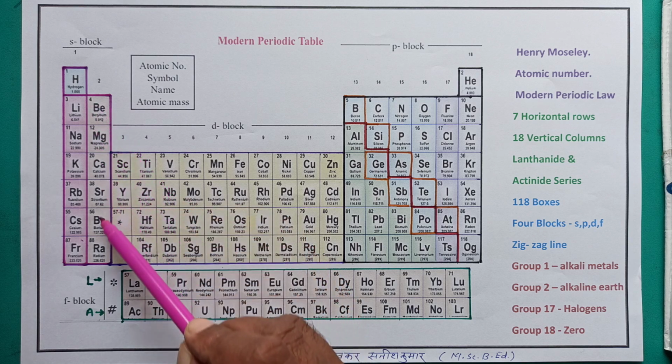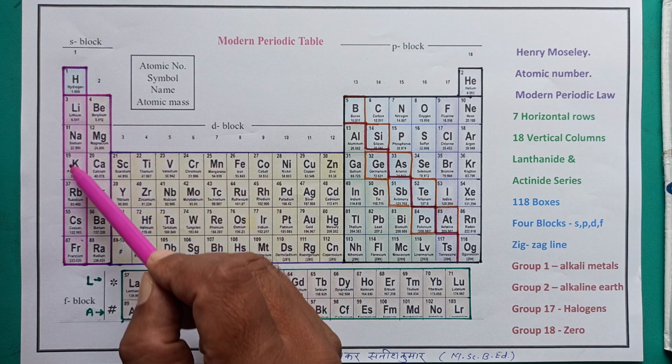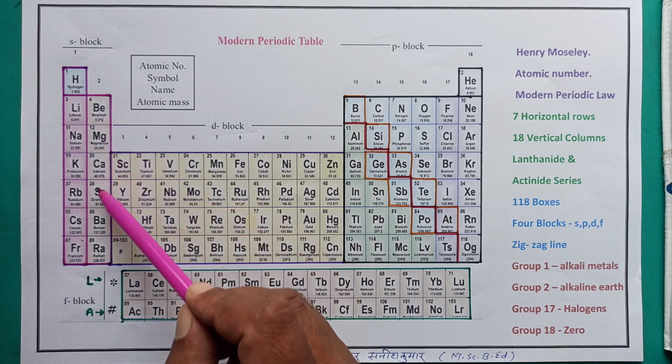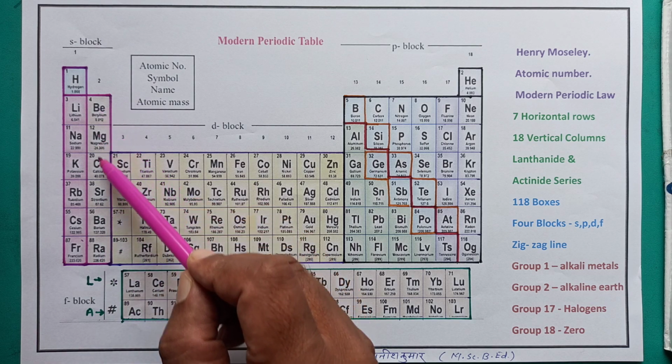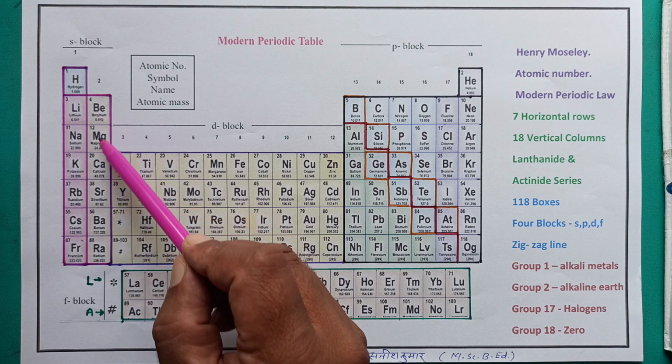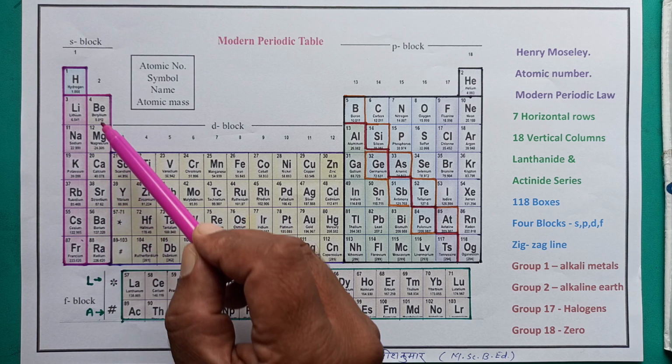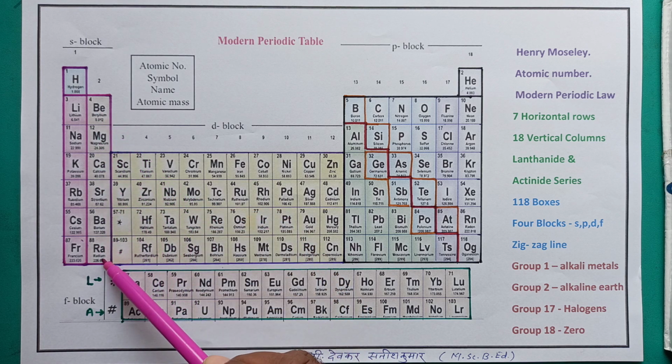In the first group the valency is 1. In this group the valency is 2. So when the valency is the same, all these alkaline earth metals show the same chemical properties.